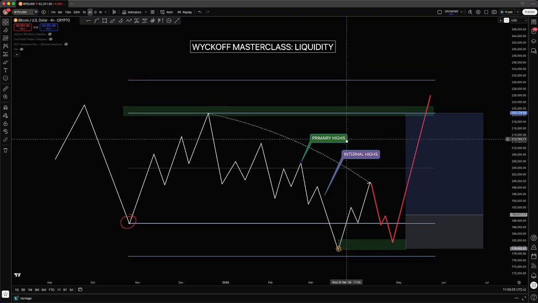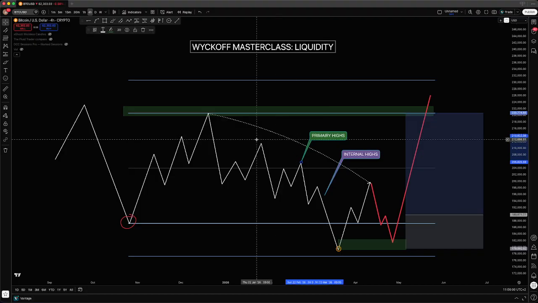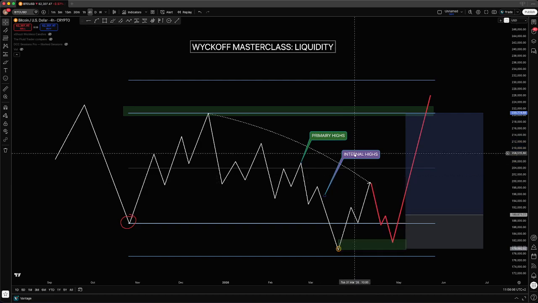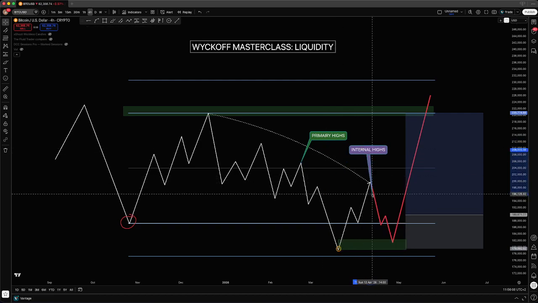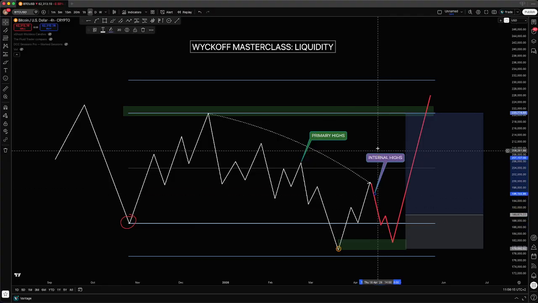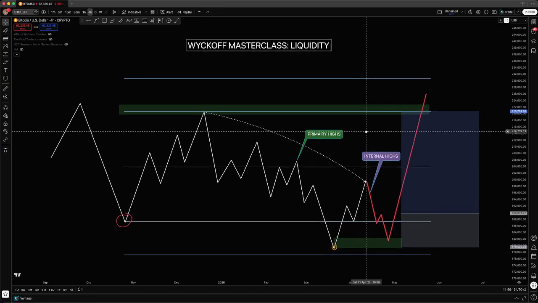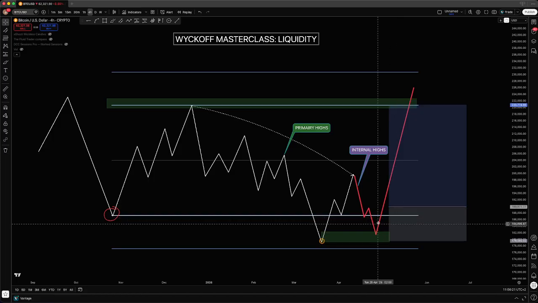So if we have a good liquidity curve like this with many primary highs that aren't taken by the previous highs, and we have also internal highs ready to get pulled or pushed like this all the way down, we know, okay, now we have a lot of gas in our car and we will get home easily. And we will have a great setup like this.